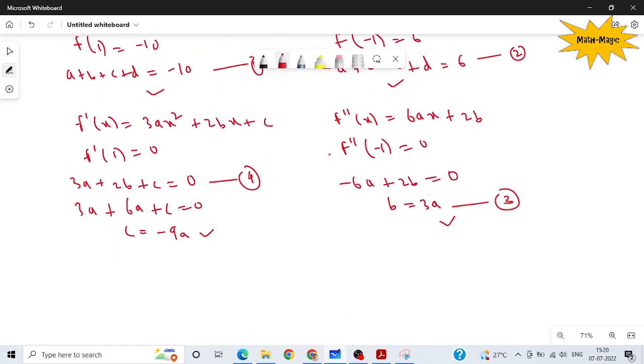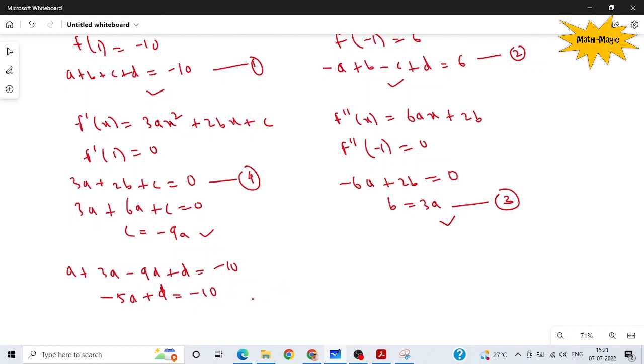So now let's see what we get from equation 1. We get a plus b, the b value is 3a, the c value is minus 9a, plus d equals minus 10. So then we get minus 5a plus d equals minus 10. We can take this as equation number 5.